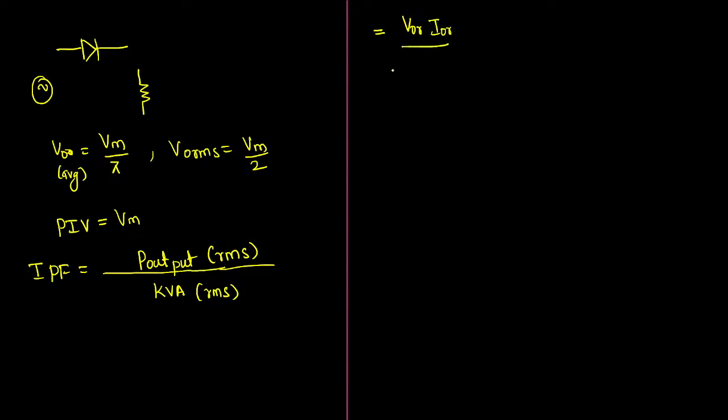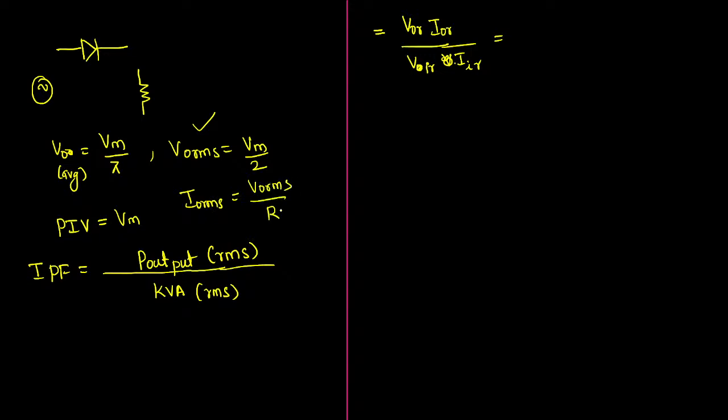Input power we can write V input RMS and I input RMS, RMS voltage, RMS current. So now you have to substitute all the values. What is the value of V naught RMS? It is here. From this you can calculate I naught RMS. How will you calculate I naught RMS? I naught RMS equals V naught RMS divided by R.